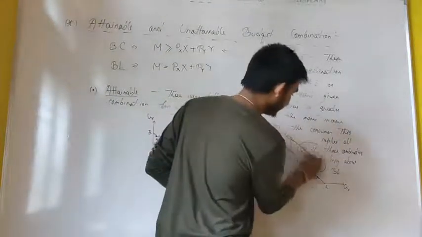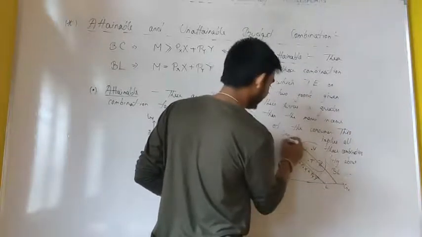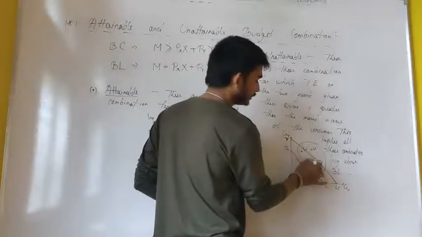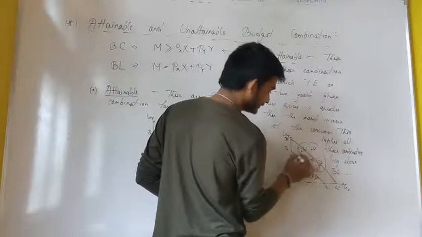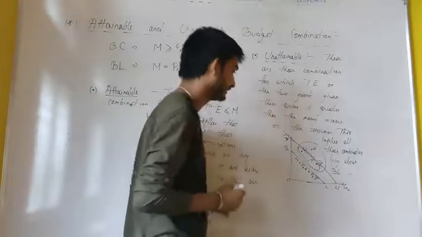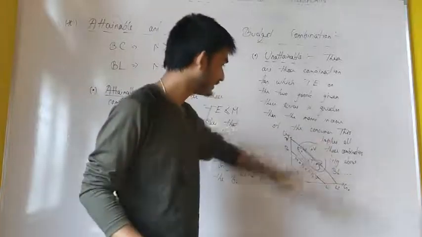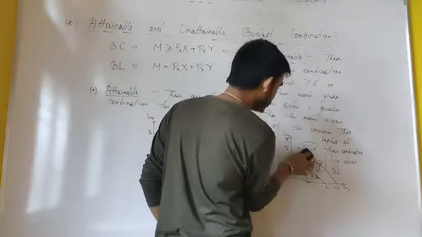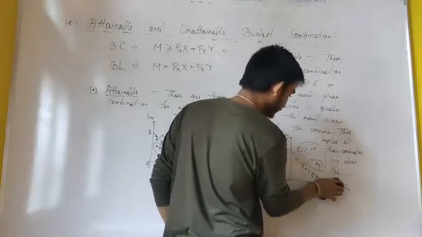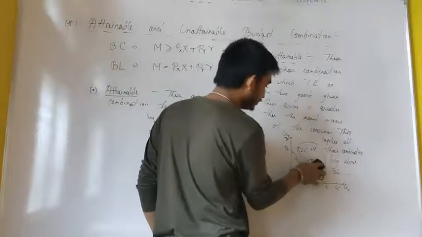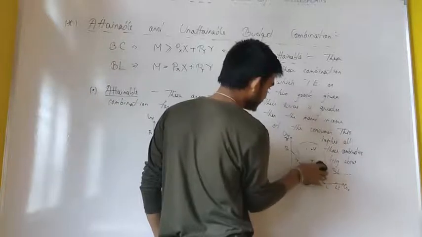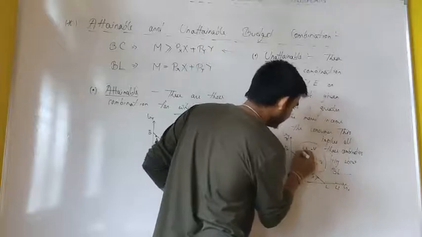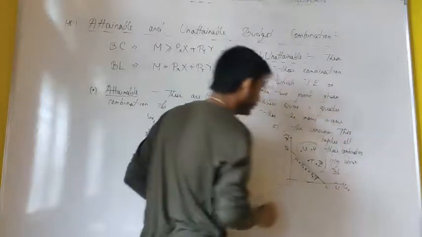If my income is larger, we have another budget line B dash L dash, and then we may get these combinations U, T and Z. Anyway, you can ignore this part. So basically all those combinations lying on or below the budget line are the attainable combinations, and those points which are lying outside the budget line are the unattainable combinations.